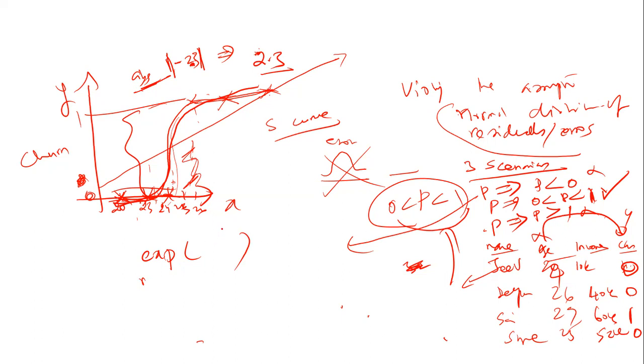Okay, in this case, instead of that, I'm going to say beta naught plus beta 1 into age, right? So you remember, in the case of 24 years of age, what did we get? For 24 years, we are getting 0.